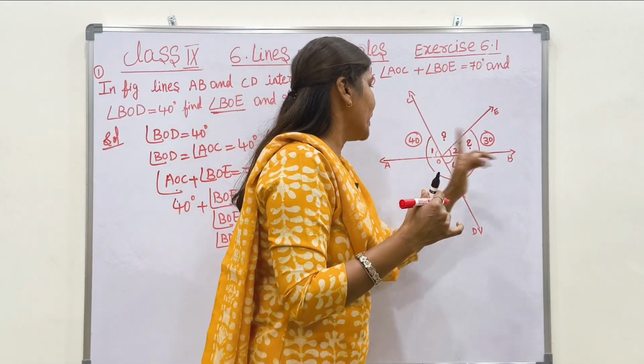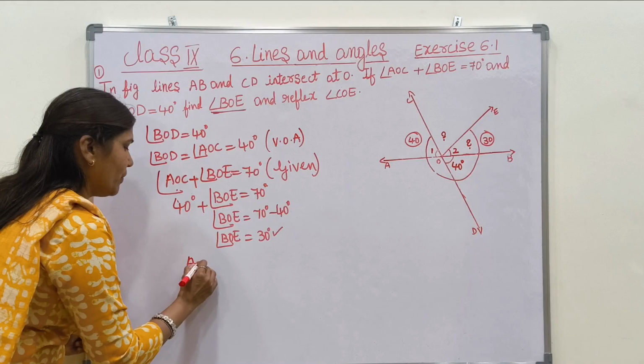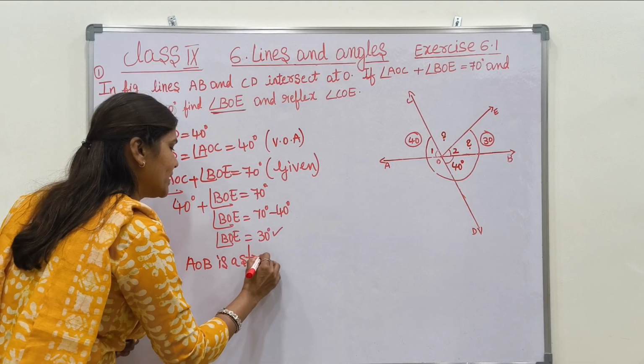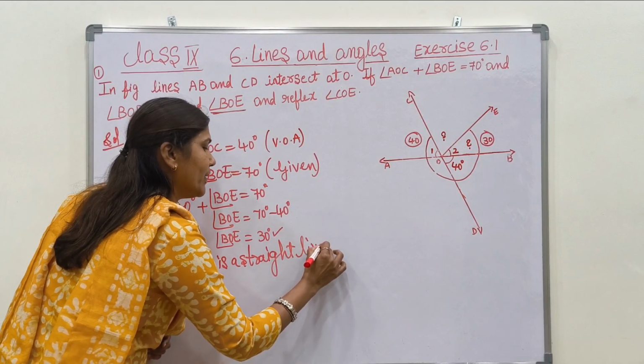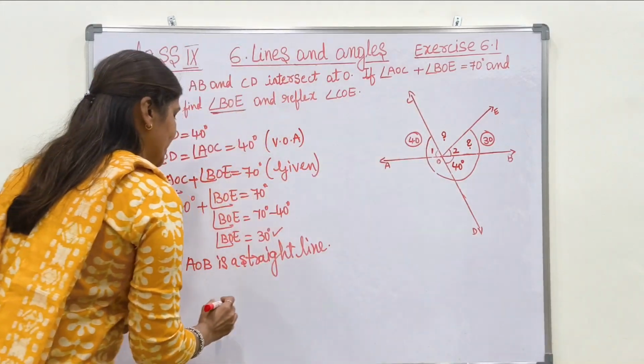Okay. Now you write AOB is a straight line. Straight line means it is a 180 degree straight line. In this one, which angles are there?